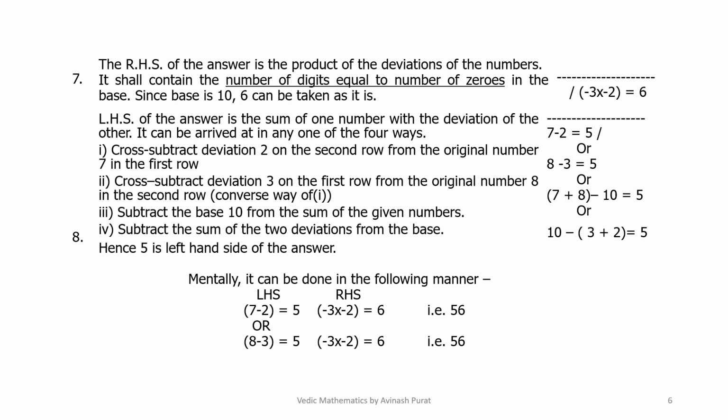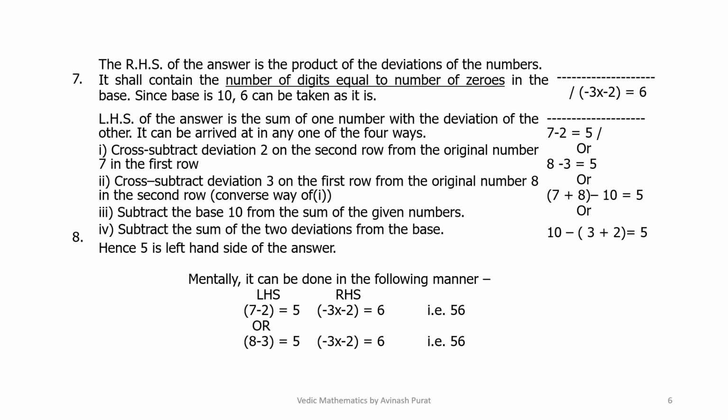Cross subtract deviation 2 on the second row from the original number 7 in the first row, that is 7 minus 2 is 5. Or cross subtract deviation 3 on the first row from the original number 8 in the second row, the converse way of the first, that is 8 minus 3 equals 5.